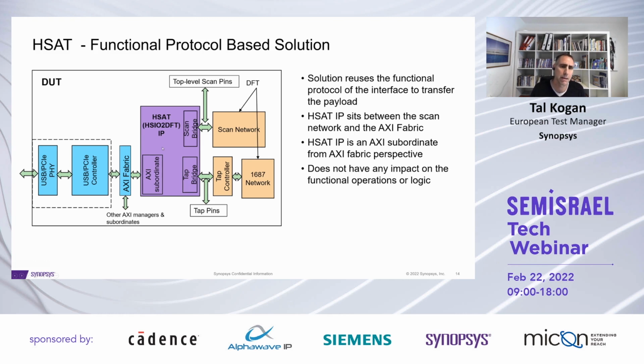That is the part that is able to translate the packets, or here it's actually data already, into your scan data, allowing you to feed your regular scan network that is there on the chip, possibly your tap controller using 1149.1. You might have a 1687 network, 1500, whatever it is, it doesn't really matter. You use your own scan network, the regular test network that you have, while applying this solution.